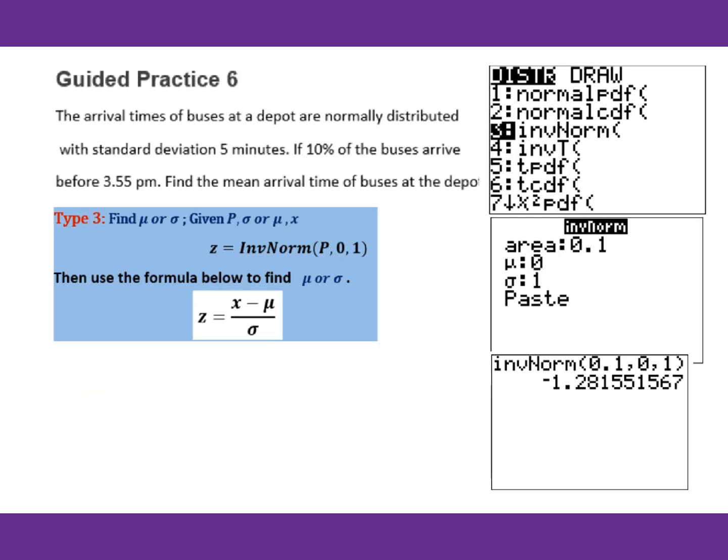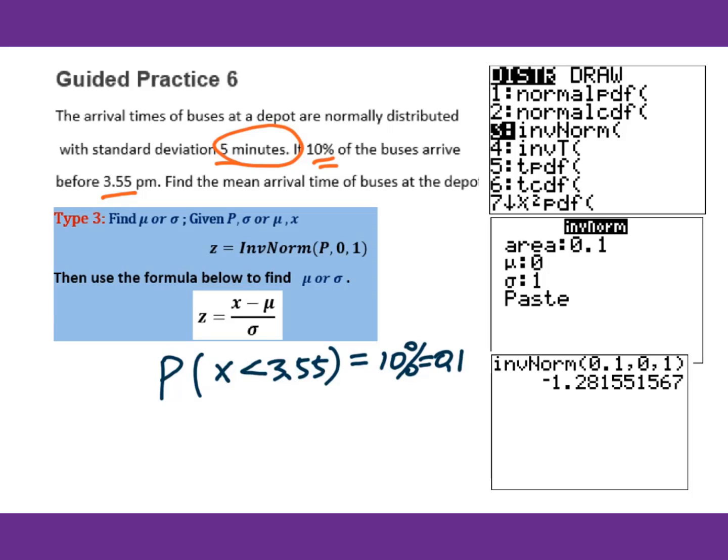Now let's go to guided practice 6. The arrival times of buses at a depot are normally distributed with standard deviation 5 minutes. If 10% of the buses arrive before 3:55 p.m., find the mean arrival time of buses at the depot. According to this information, we know that x less than 3:55 is equal to 10%, which means 0.1.